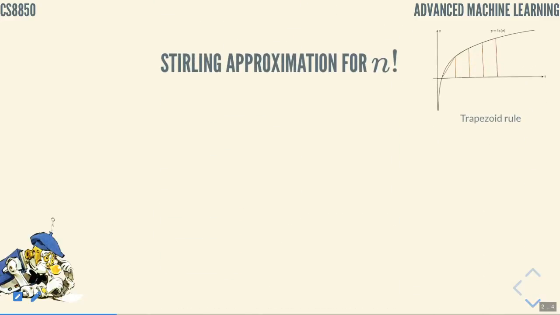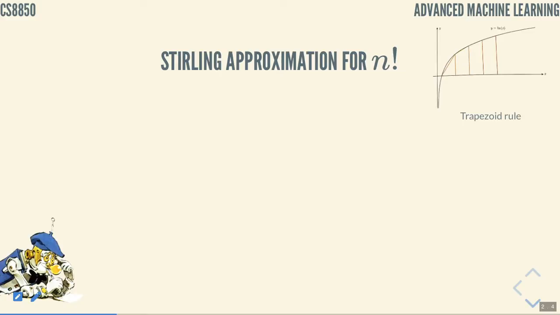So for the next slide, we start from somewhere unusual. We'll start from Stirling approximation for n factorial, and we'll use trapezoid rules for that approximation. We will derive it from scratch, so you're not afraid of it.